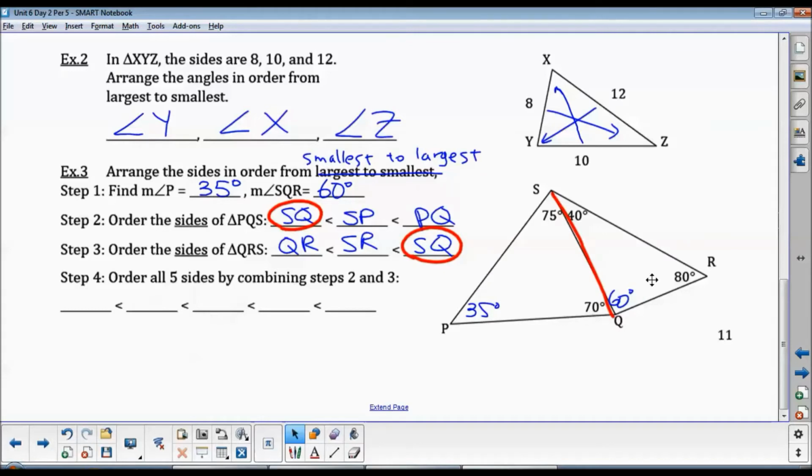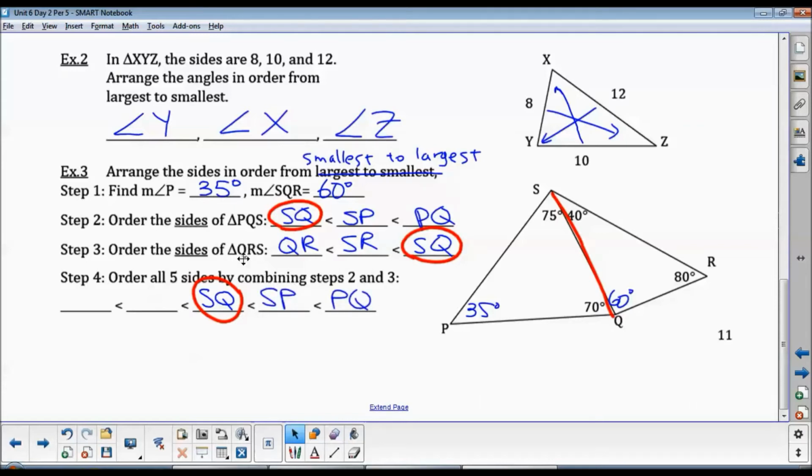That means we can put these 5 line segments in order from smallest to largest all together. So we can put our shared side, SQ, in the center here. And that is going to be our center. Then in PQS, these other two sides are larger than SQ. So that means on this side we have SP and PQ.